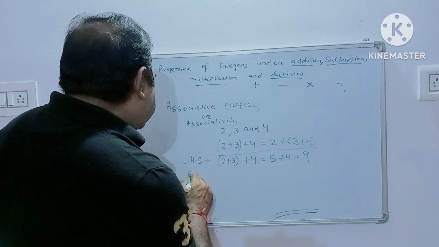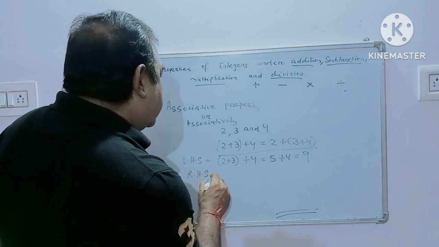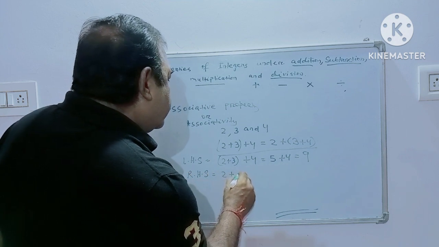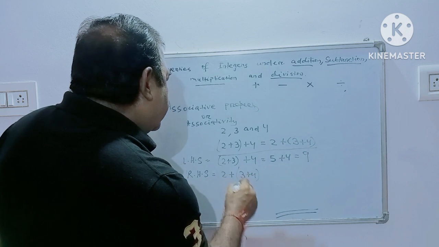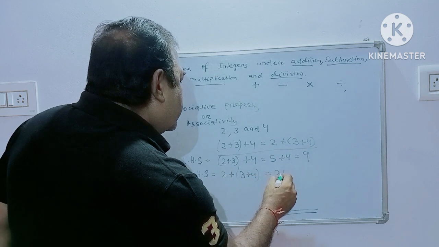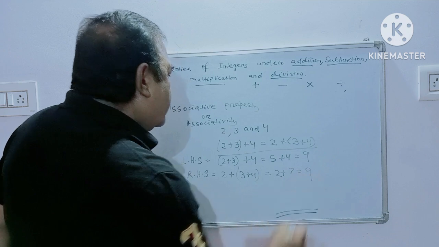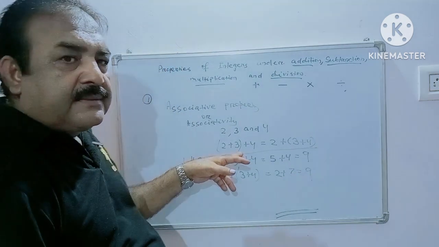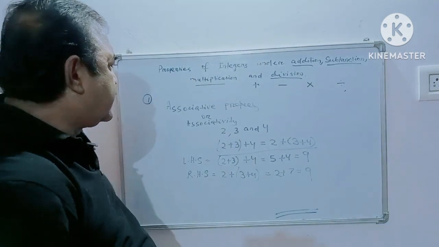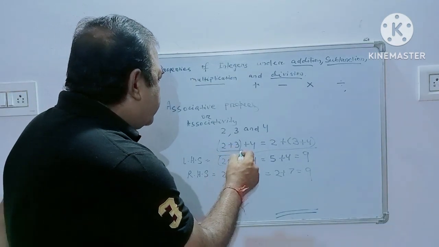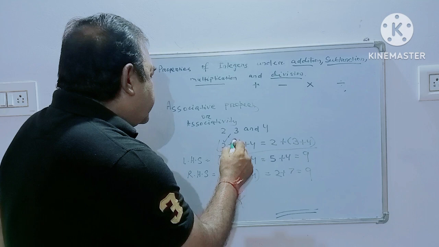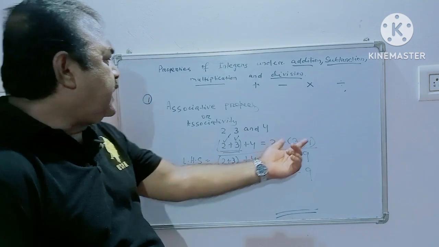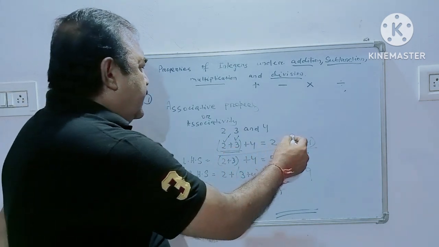What is the right hand side? 2 plus (3 plus 4) is in bracket. So 2 plus 7, that is equal to 9. And you see, when we changed the grouping of numbers, here one group was 2 and 3, but in this group, here it is 3 and 4.